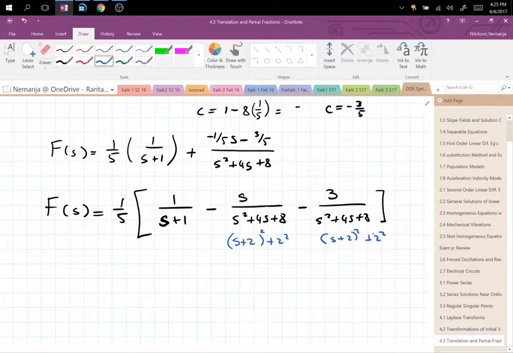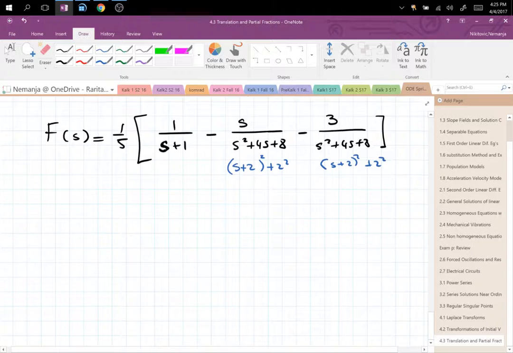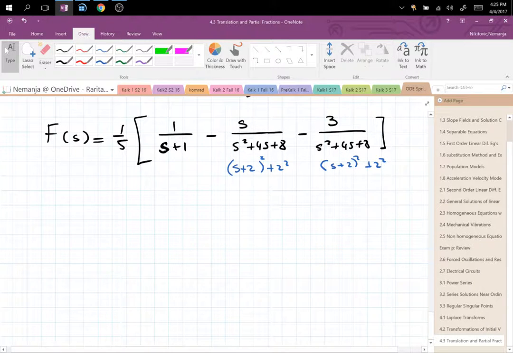But I need to fulfill those conditions. So the first thing that I need, well, let me write the formulas down, that way you will be able to see everything at once.